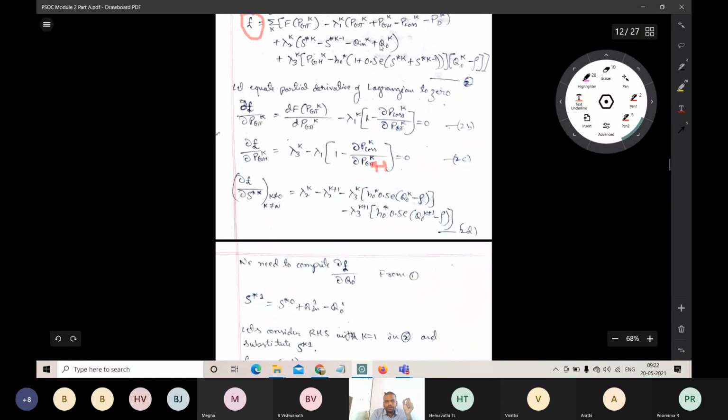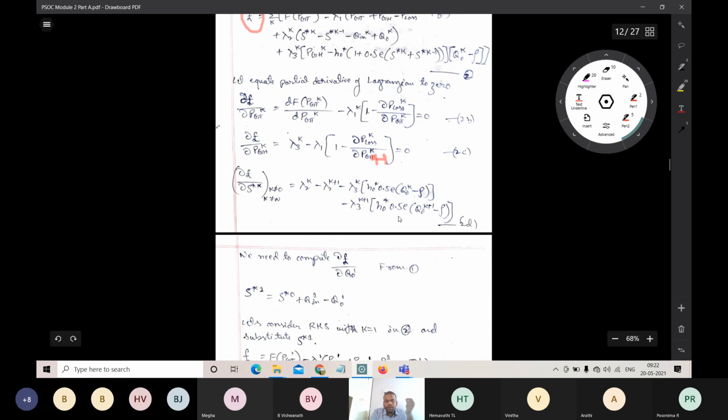So just observe here, lambda 2k for one constant minus lambda 2k plus 1. Here the constant will be 1 because it's a constant, along with lambda 3k of this term and lambda 3k plus 1 of this term.